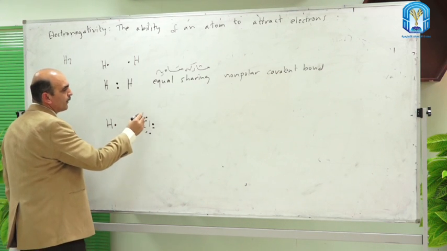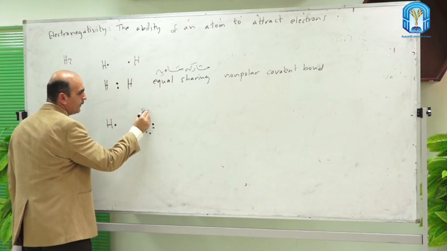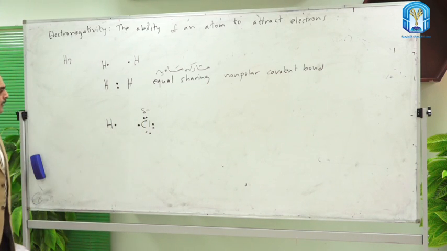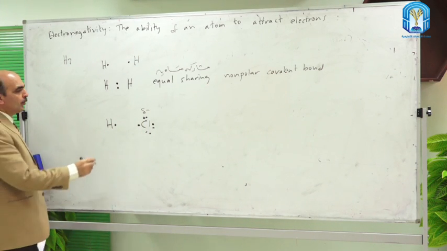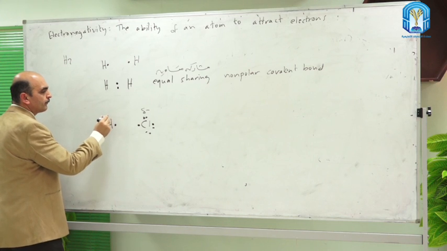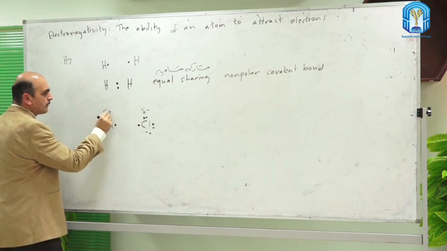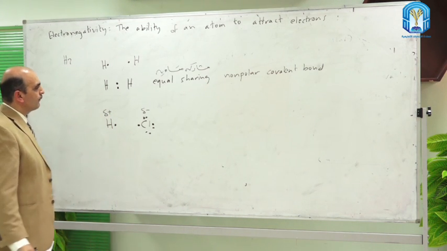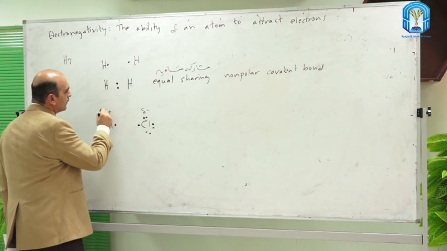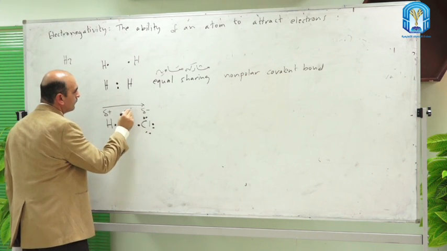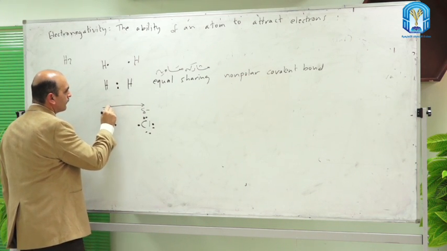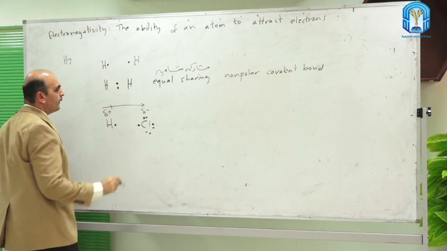So a partial negative charge is formed on chlorine, and hydrogen is electron poor, so a partial positive charge is formed, and there will be a dipole moment.